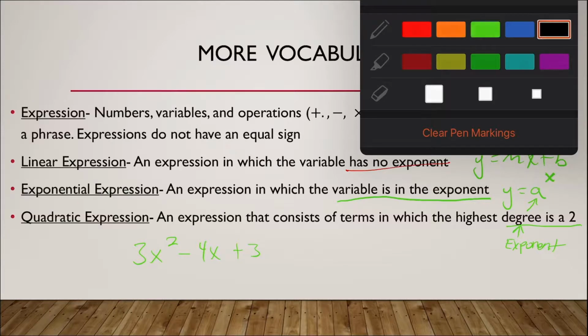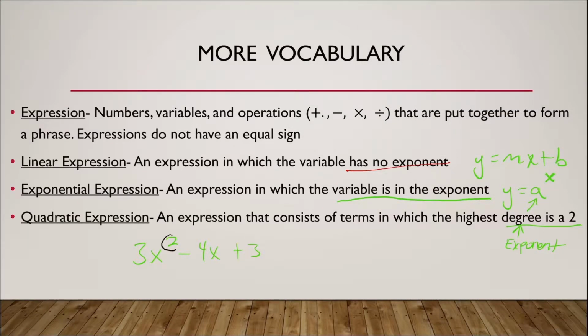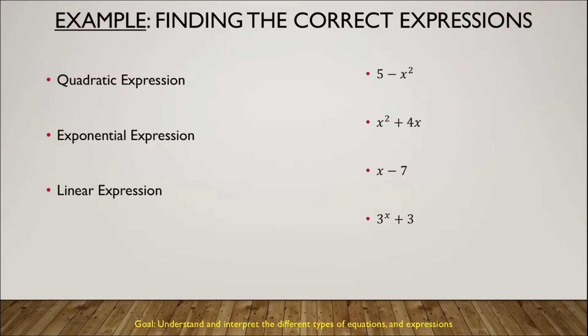So let's notice something here. I have an exponent here, degree 2. I technically have an exponent here, it's just a 1. And there, my exponent's a 1. So my highest degree, or my highest exponent, is a 2. Okay, that tells me it's quadratic.